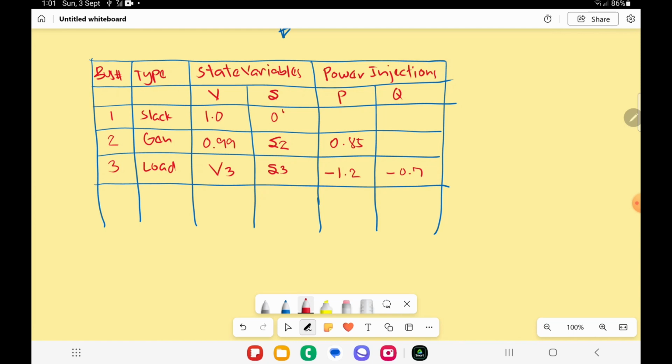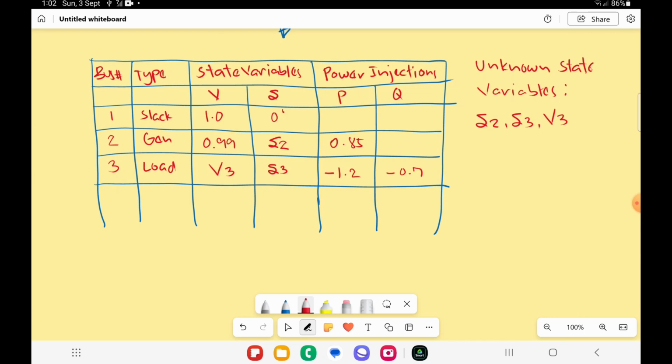So in this example, we have unknown state variables. We have delta 2, delta 3, and V3.